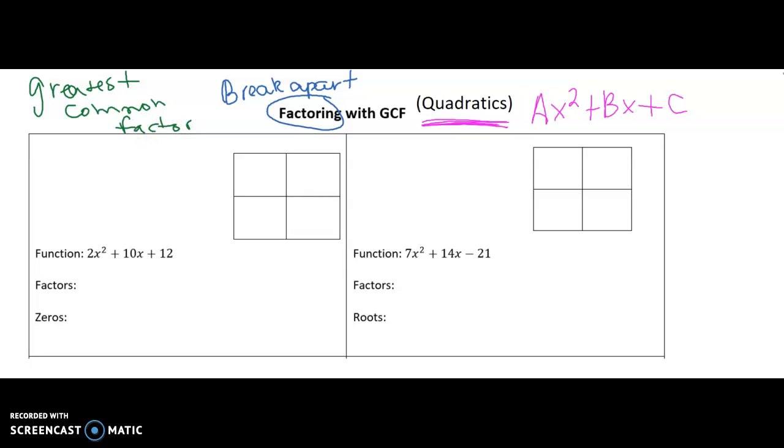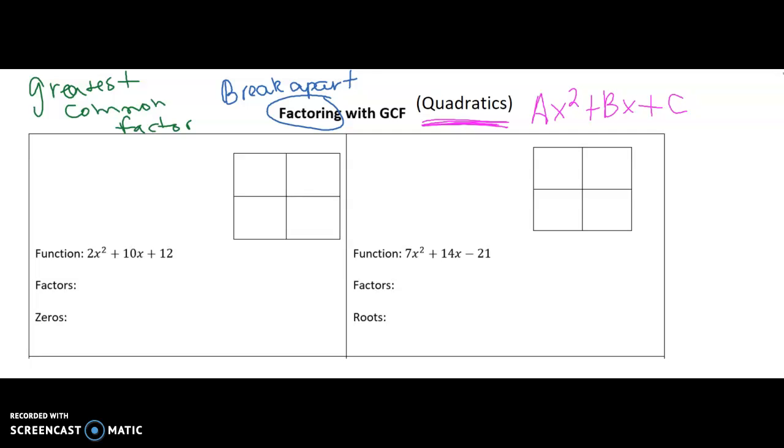So factoring with the greatest common factor is kind of just multi-step factoring. Factoring can have many steps. So it's important to always get in the habit of trying to find a GCF first if the numbers look really big or if you think there's a GCF in there.